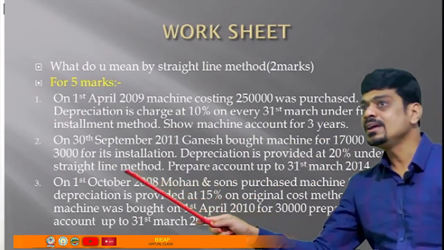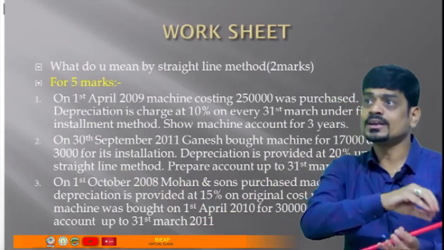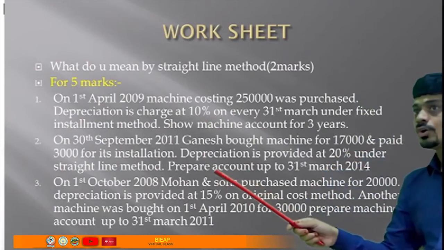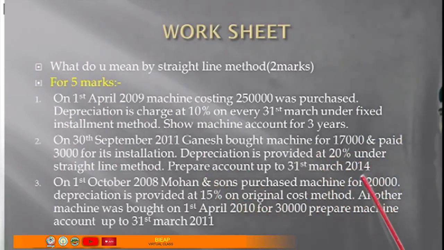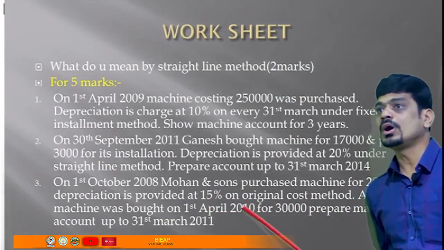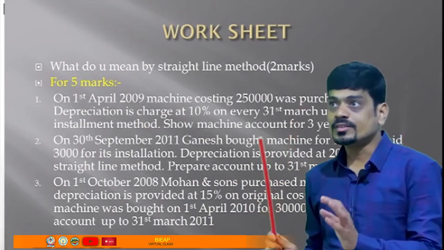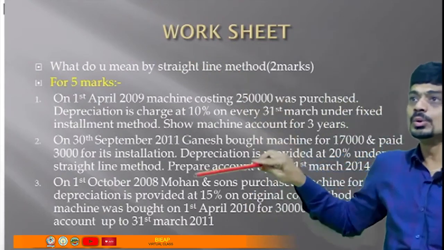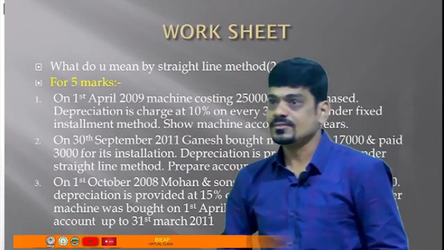How much did we pay? 3,000. These are the same 3 questions I did in the class, given as revision. Then next October, for how much? 20,000. Again, when did we buy more? On 1st April 2010. So this is the assignment for this session. Hope you all will work it out for yourself.